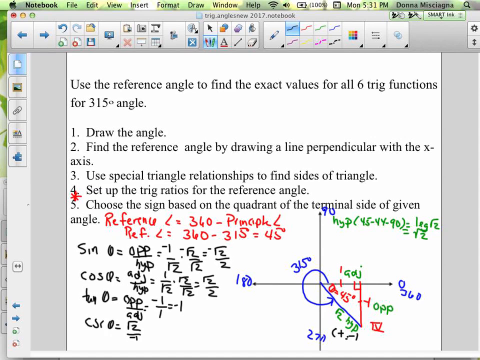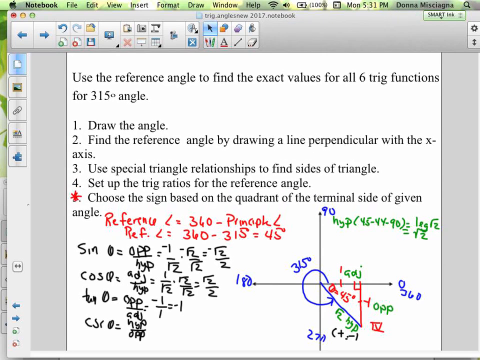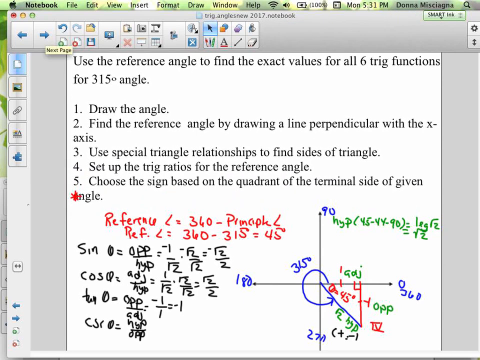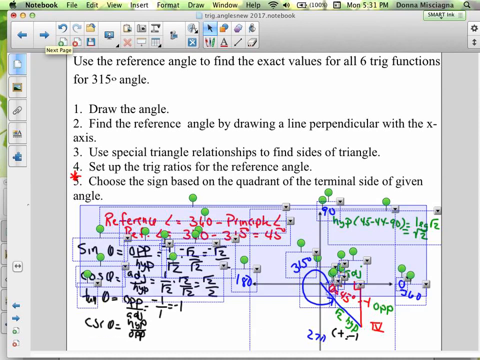All right, actually, let me write the sides in. So cosecant theta uses the hypotenuse over the opposite side. If I move this up, I could move all of this up, and I might be able to squeeze everything in.